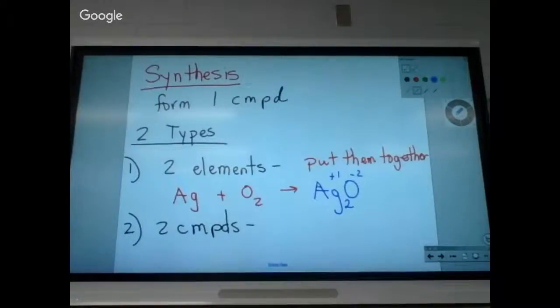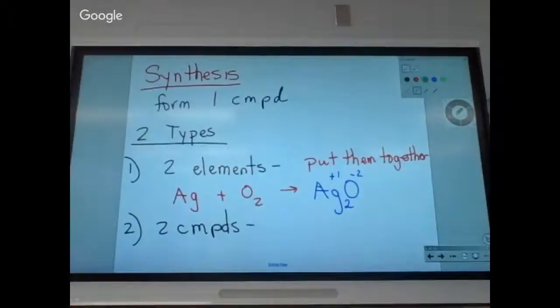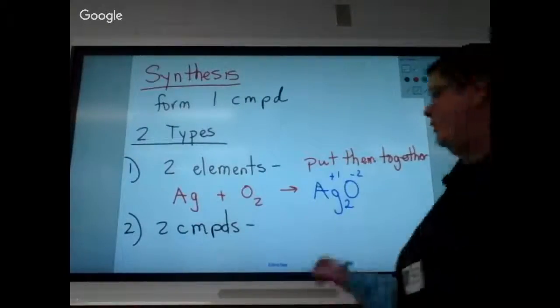Now, from there, for 2 compounds, what are we going to do anytime we have 2 compounds? What do we do for decomposition? Reference table. There we go. We're going to use the reference table.